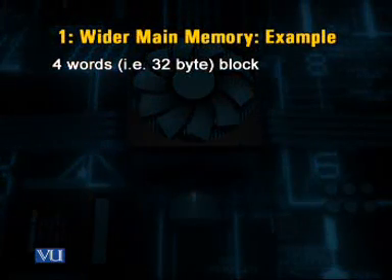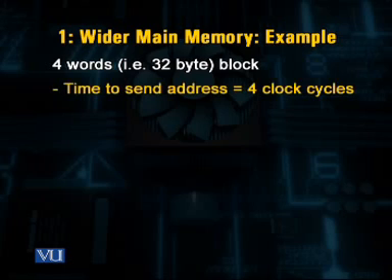For this, we can consider this example where a timing model of memory system comprises caches having 4 words per block, where each word is 8 bytes, so 4 words mean 32 bytes. The timing model says that the time to send an address is equal to 4 clock cycles.